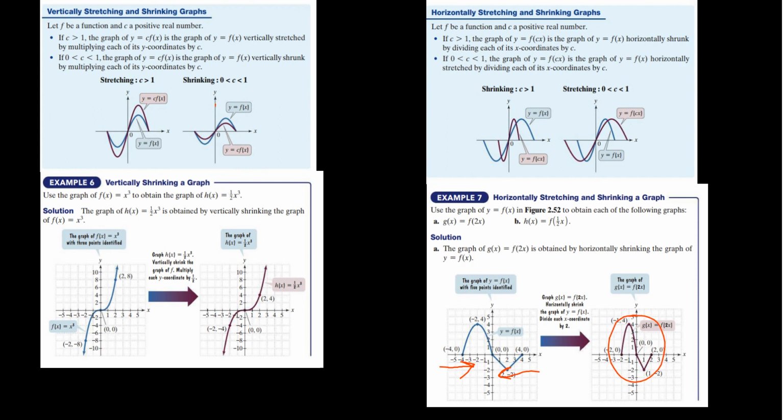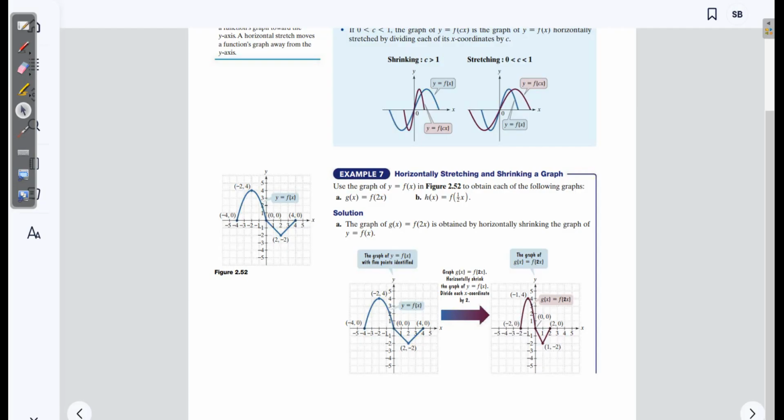The opposite of that would be this particular problem here. It is h of x equal to f of 1/2 x. So I'm multiplying by a number between 0 and 1, so I would stretch this out, and it would look something similar to that. Let's go ahead and snip that so I can give you a better idea of it.